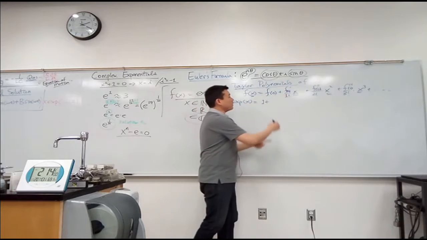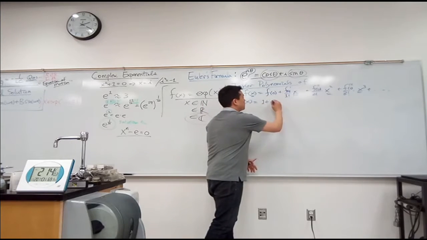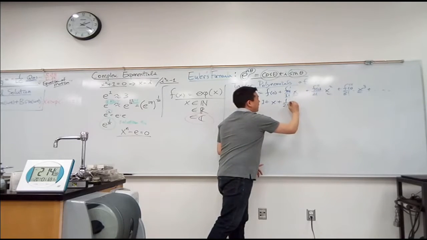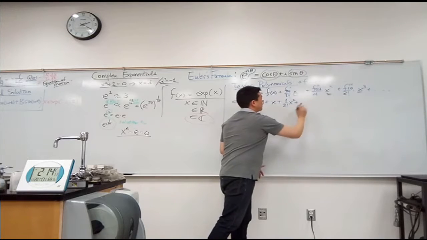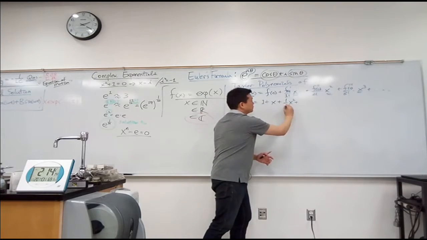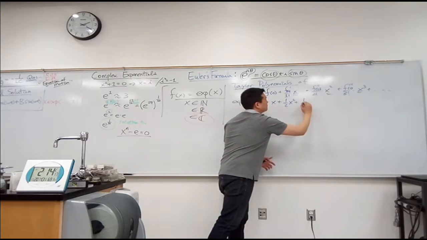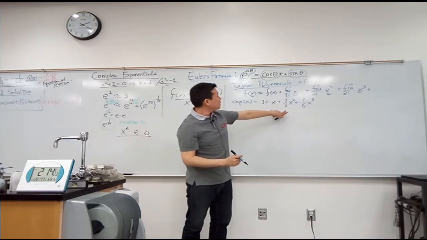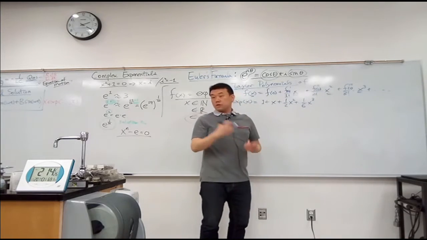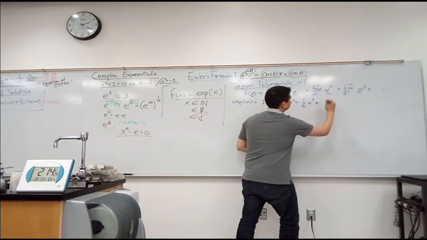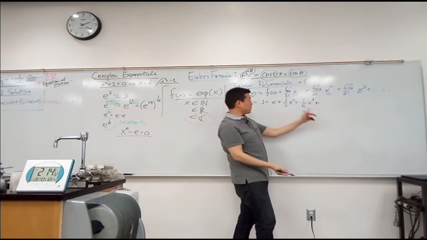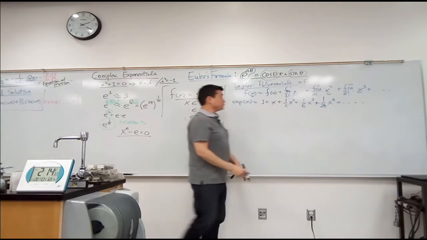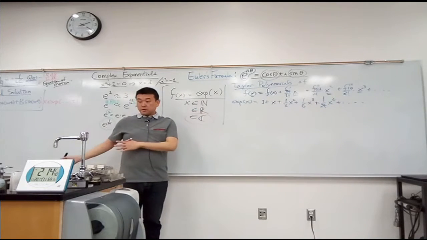So it'll be 1 over 1 factorial times x, so plus x, plus 1 over 2 factorial times x squared, where 2 factorial is 2, plus 1 over 3 factorial, so 3 times 2, 6, x to the third power. Let me write down one more so that the next step will make more sense. So 1 over 4 factorial, that's 4 times 6, so 1 over 24, x to the fourth, plus, and so on. That's the exponential as a Taylor polynomial.